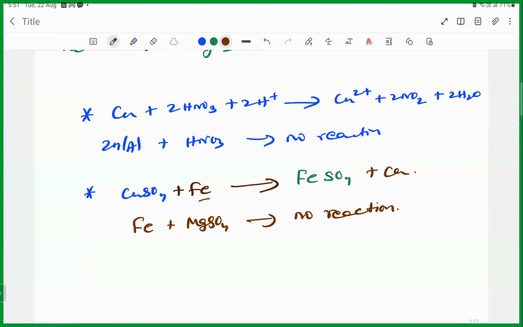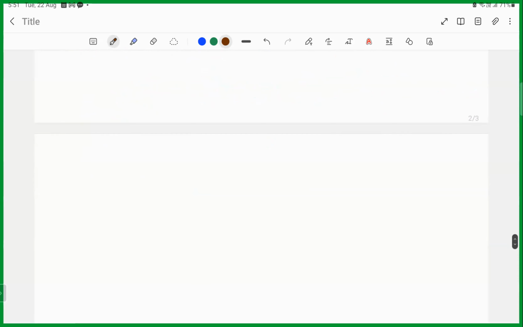Anyone can answer, no? Here, the iron replaces the copper, so iron is more reactive than copper. Here, iron plus magnesium sulfate, no reaction. Then what does it mean? Sir, magnesium is more reactive than iron, sir. Very good. That's all. This is what the question is asking in the thinking part.